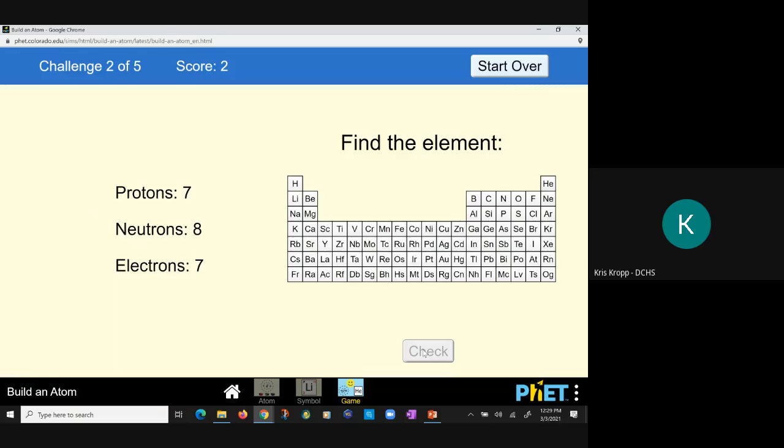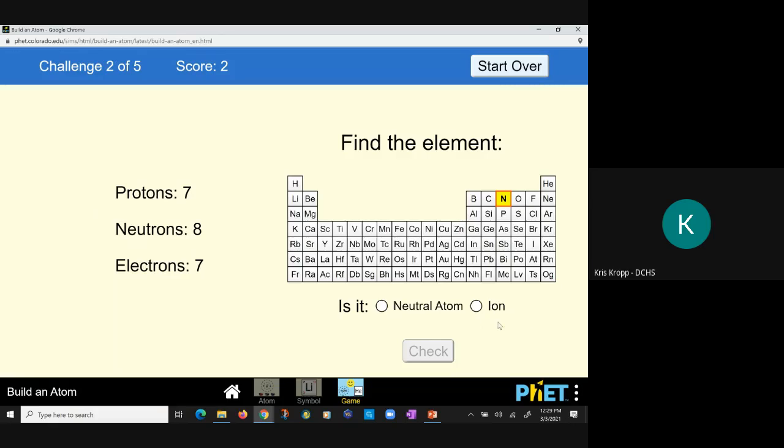Audrey says nitrogen. How'd you know that, Audrey? What was the clue? Amount of protons. Very good, girl. Yep, that's right. So nitrogen is the 7th element. Look, 1, 2, 3, 4, 5, 6, 7. Nitrogen's atomic number is 7. 7 protons.